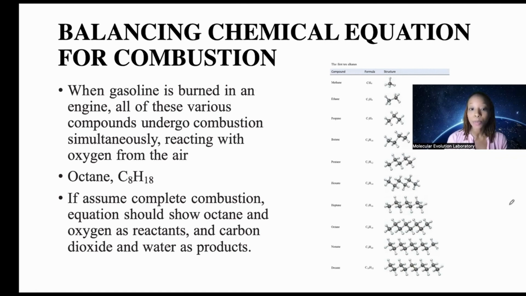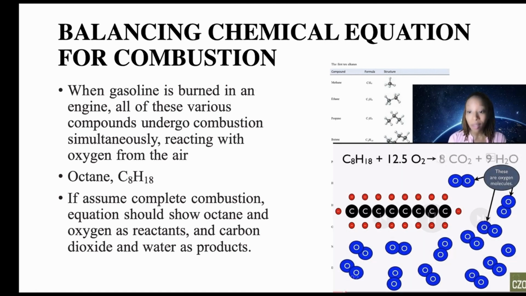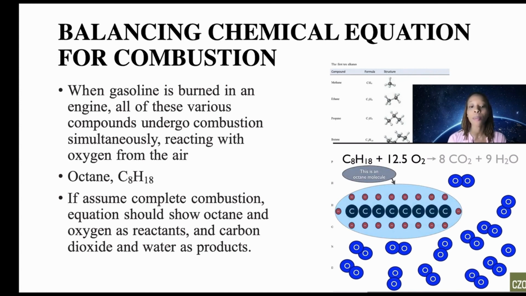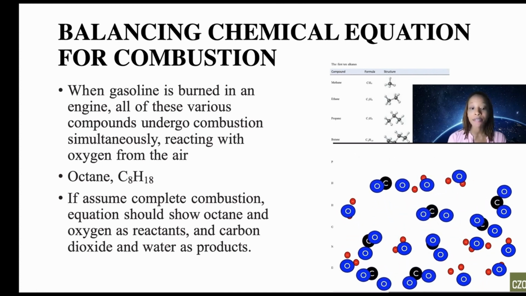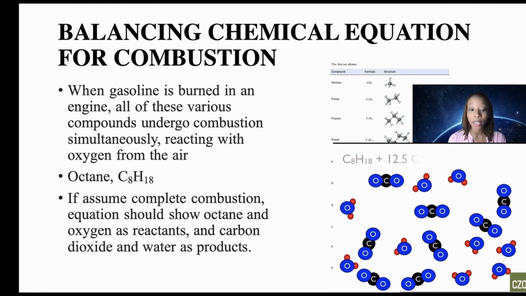When gasoline is burned in an engine, all of these various compounds undergo combustion, simultaneously reacting with oxygen from the air. For octane, C8H18, assuming complete combustion, the equation should show octane and oxygen as reactants and carbon dioxide and water as products.